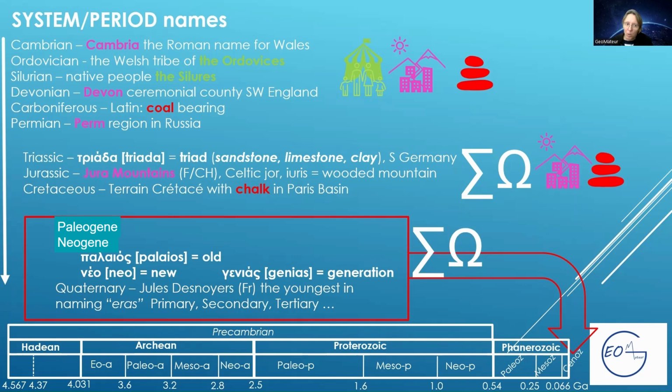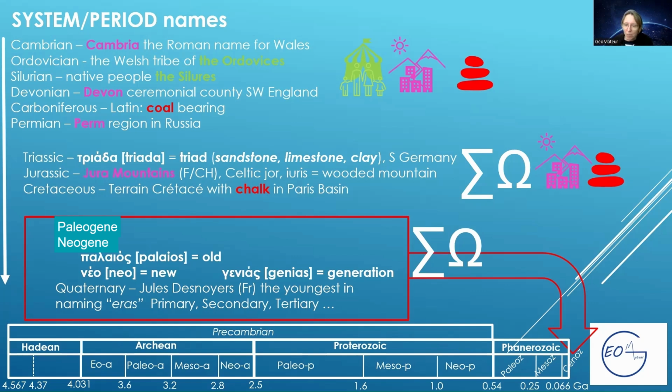And old born reflects the emergence of many modern life forms after the extinction of non-avian dinosaurs at the end of Mesozoic. And Neogen, emphasizing the emergence of modern marine and terrestrial fossils during that time.